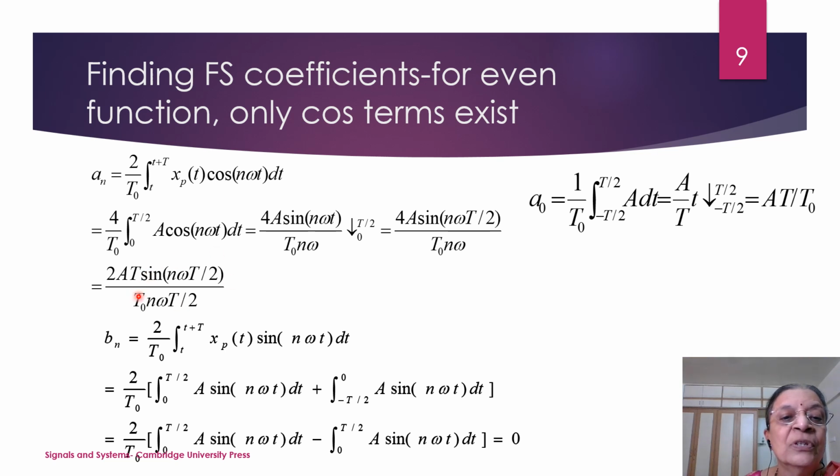So this is a sinc function, and then I have 2A T upon T0 as a constant, and after that I will have a cosine representation. So only cosine terms will be there, and the corresponding sine coefficients will give rise to a 0 value, and this is a constant value, that is the DC value. It is equal to A T upon T0.